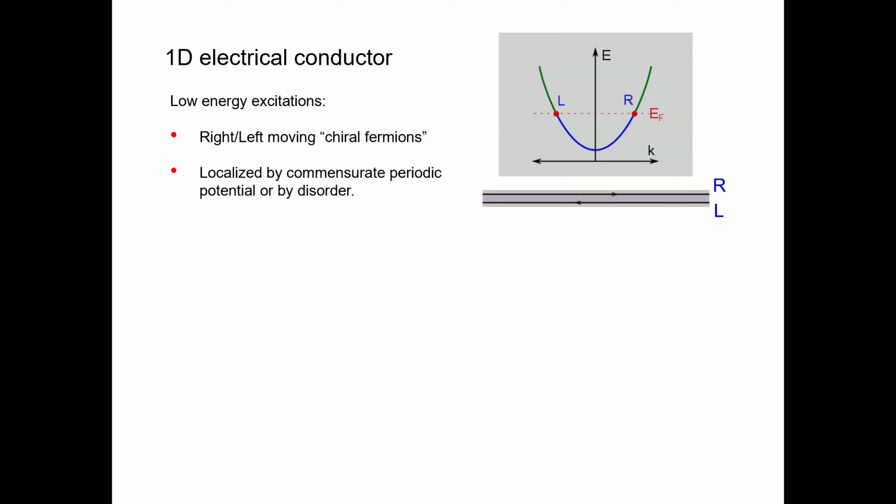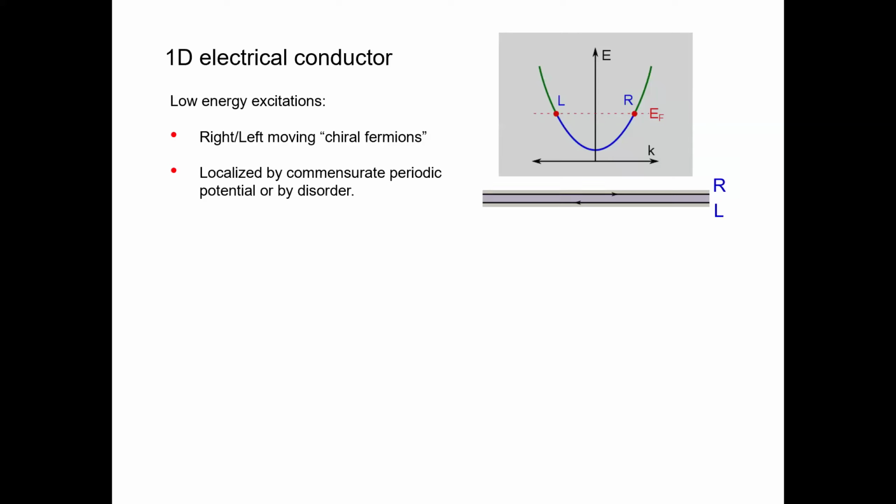These states at the Fermi points either have a positive group velocity or a negative group velocity, so I can think of wave packets belonging to them either propagating to the right or propagating to the left. We give these states near the Fermi energy a fancy name: we call them chiral Dirac fermions.